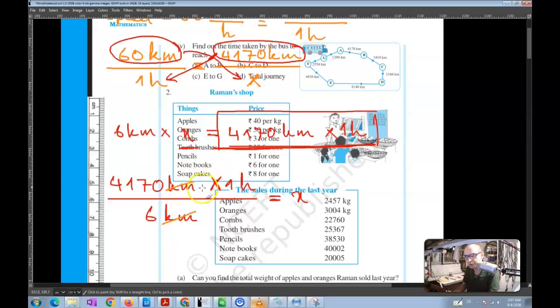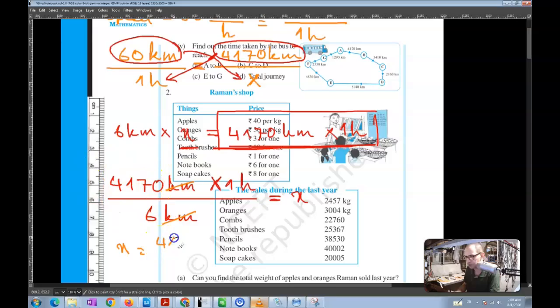One of them is in the numerator, the other one is in the denominator, and they are both the same unit, so I'm going to cancel them out. And so then the value of x would be equal to 1 times this value divided by this value.